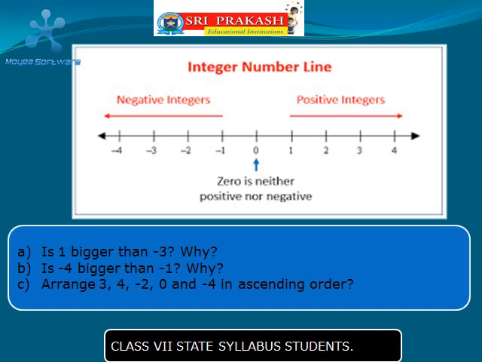So in this set, minus 4 is the smallest number. So first we should take minus 4. Next minus 2. Next 0. Next 3. And last 4.